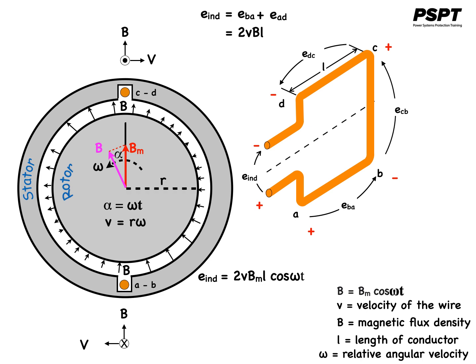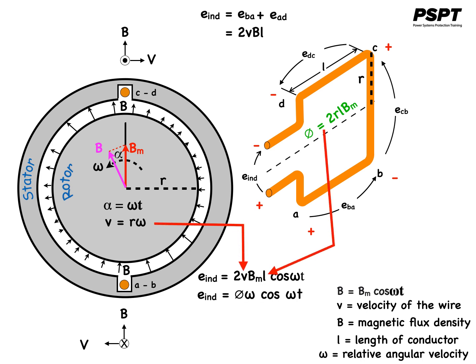Since the tangential velocity of the ends of the conductor is given by the equation V is equal to R omega, where R is the radius of the rotor, the flux passing through the coil can be expressed in terms of phi, which is equal to 2 times the radius of the rotor times the length L of the coil times the Bm.